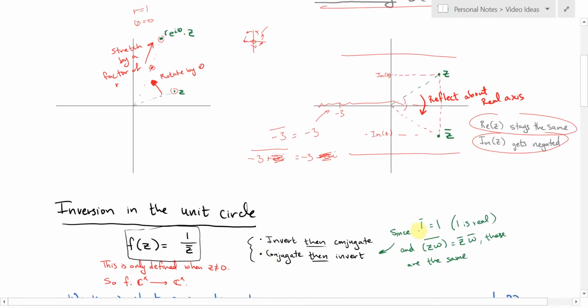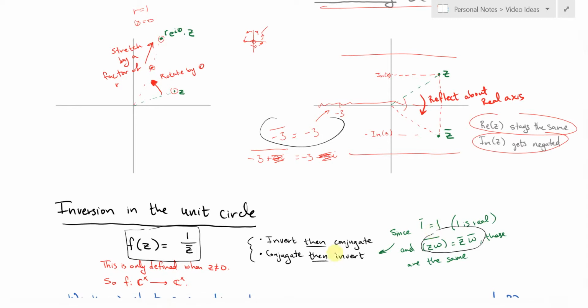I mean, since the conjugate of 1 is equal to 1, 1 is real, for the same reason as the -3 here. And conjugation, remember, obeys this property that the conjugate of zw is equal to z bar times w bar. So that proves that inverting then conjugating is the same as conjugating then inverting. Well, the way I've written it here, I've conjugated first and then I've inverted, right?